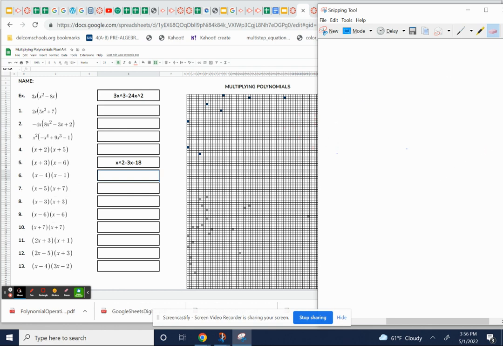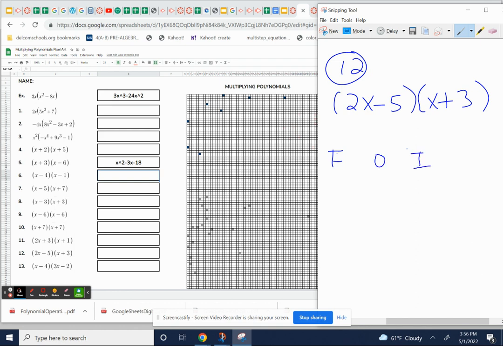We have 2x minus 5 times x plus 3. We're going to do first, outside, inside, last, the FOIL method. So I'm going to multiply the two that are first.